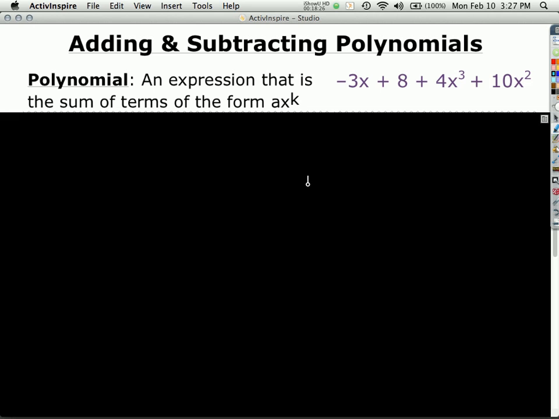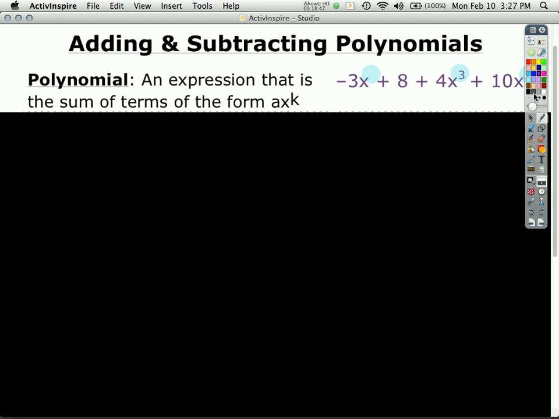Now, what's the exponent here? What's the k? The k is 1. The k here is 3. The k here is 2. Well, look at this term. I don't see a variable and I don't see an exponent at all. But now we use something you learned last chapter.